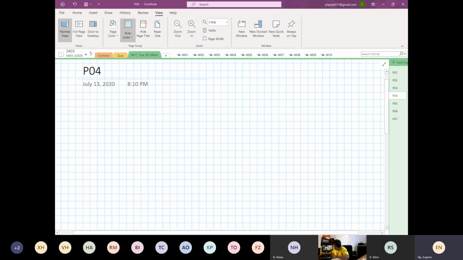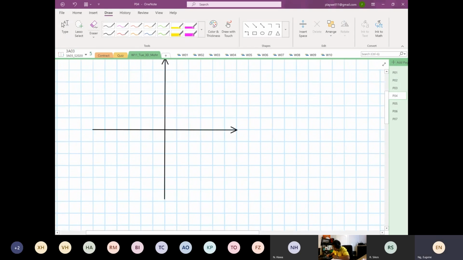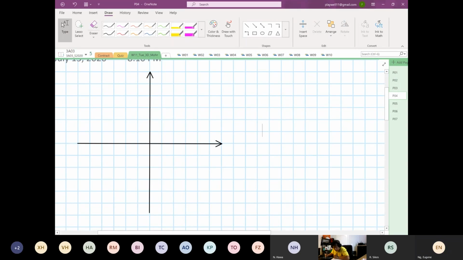What we see now is the x-axis is the principal stress A, and the y-axis is going to be principal stress B. So this is our stress A, and this is our stress B.